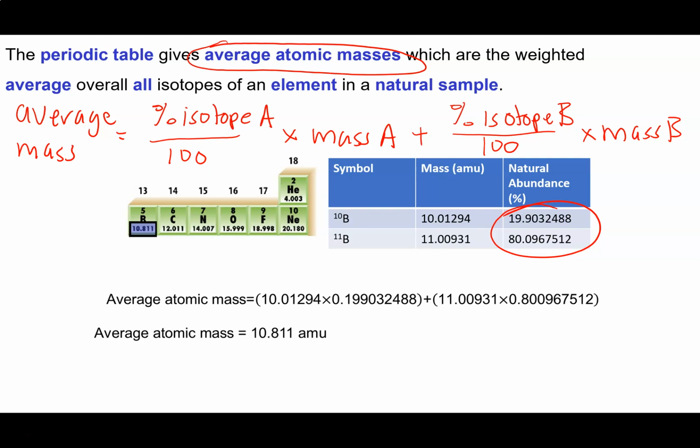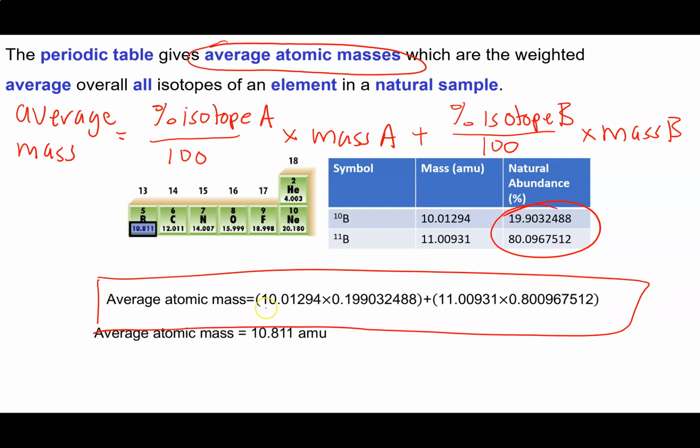So here I have done this for boron. It's the mass of the isotope with mass number 10 multiplied by its percent abundance divided by 100, plus the mass of isotope B, the one with mass number 11, multiplied by its percent abundance divided by 100.